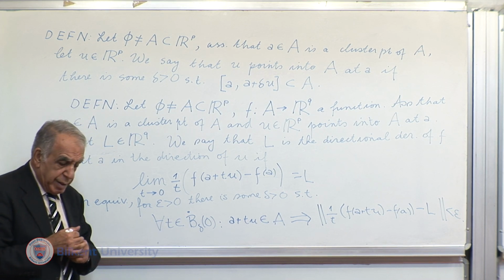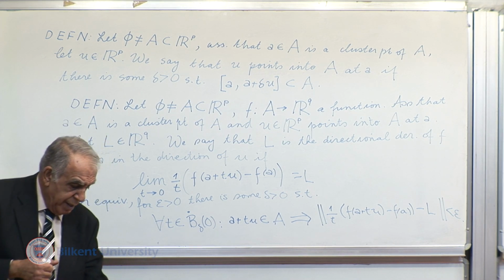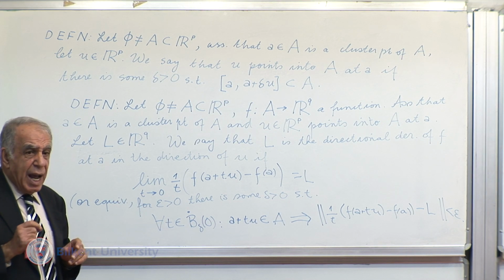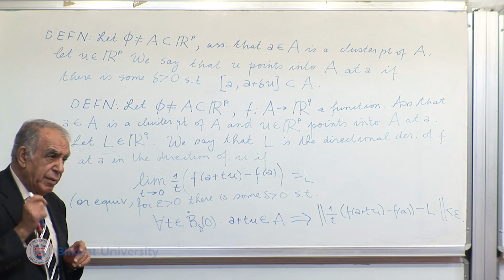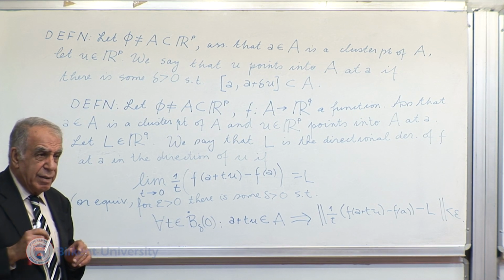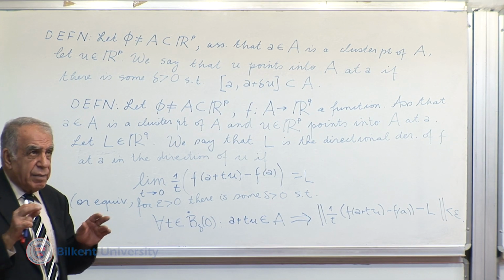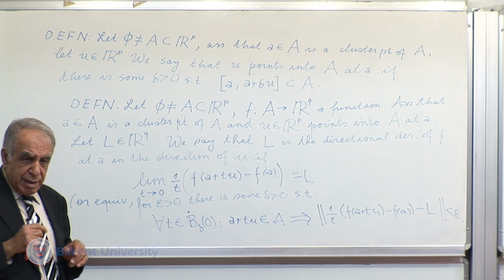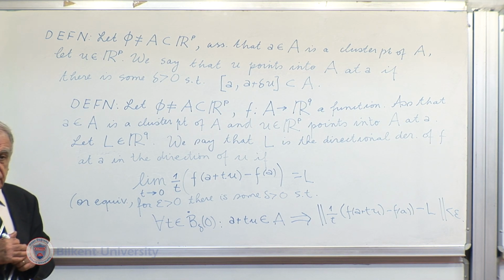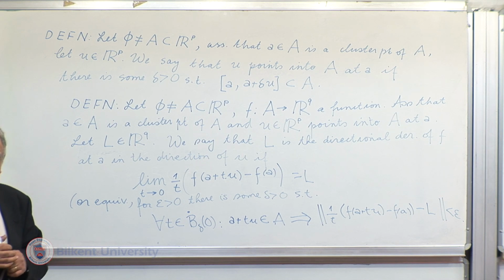Now, one question. This actually differs slightly from the definition of a directional derivative which is given in calculus customarily. Well, for example, u equal to 0. Well, that's a vector. Does it have a direction?